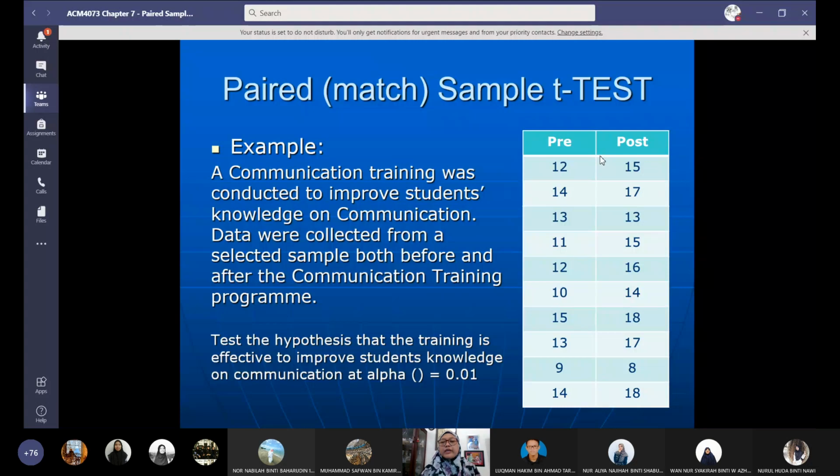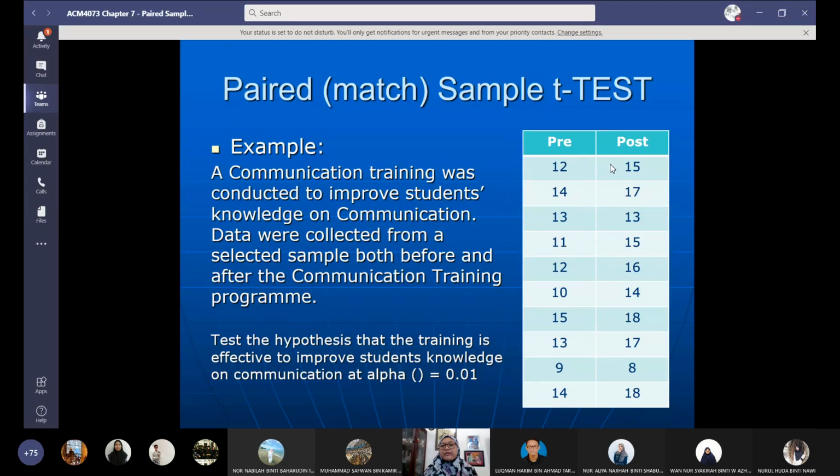We want to look at the differences, whether there are differences of effectiveness before and after, whether that training is effective or not. So we will look at the differences.